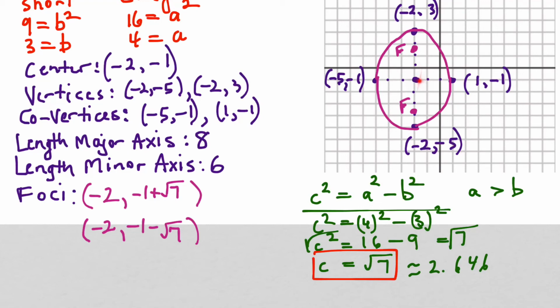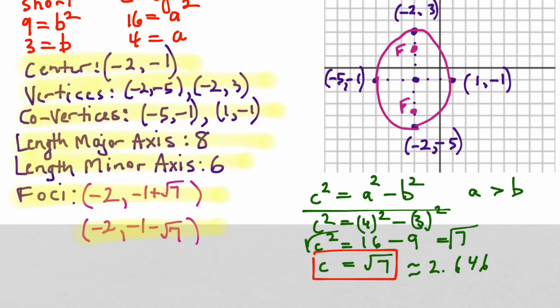So this is -1 up √7. This is -1 down √7. And we just leave it like that. That's how you write your y coordinate here. All right, so we've done it. This is all the information that we need. So I've highlighted all the stuff that we were looking for.